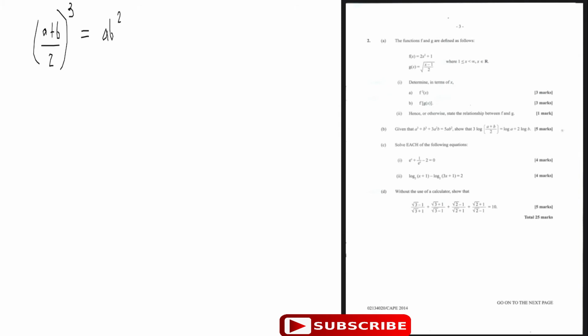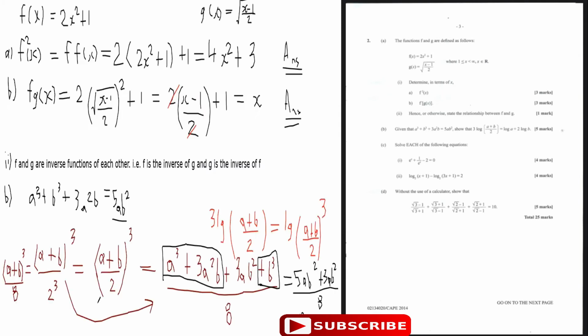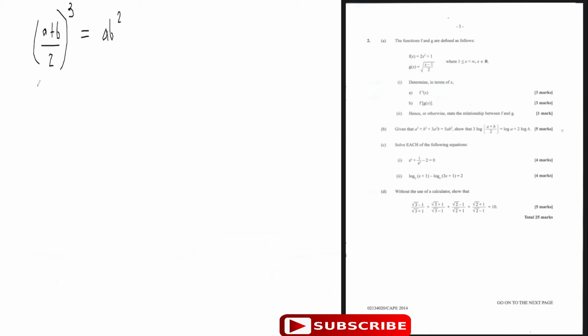So now if these two are equal, we can take the log of both sides. Hence the log of a plus b over 2 all cubed is going to be equal to the log of ab squared.